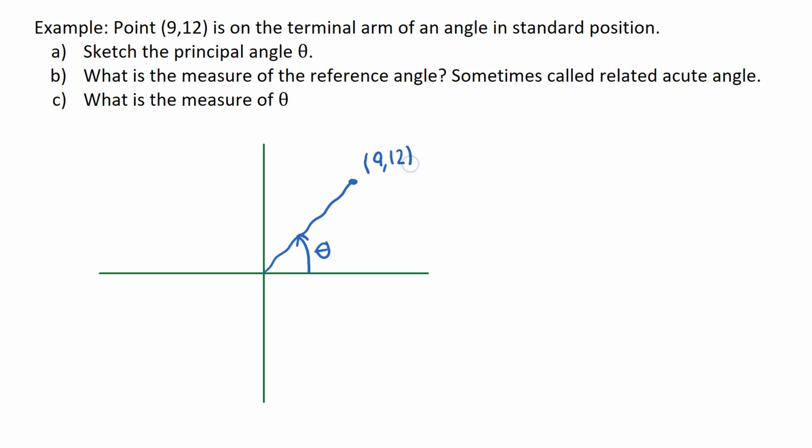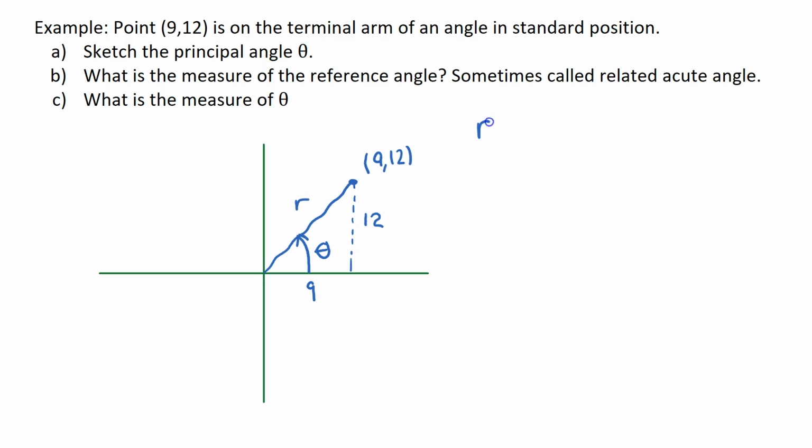(9, 12). So if I now use this to imagine my right angle triangle, I again drop my perpendicular to the horizontal, and we know that the height here is going to be 12 and the length here is going to be 9. So the first thing I have to do is find this r.